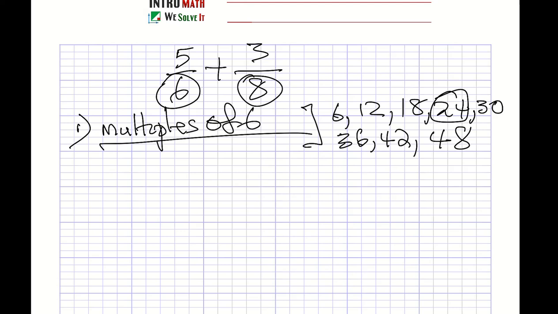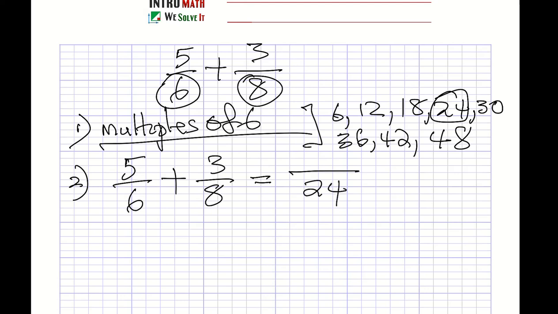So basically, step 2 is to say 5 over 6 plus 3 over 8 is the same. You're going to have 24 plus 24. You're looking for something here, and you're looking for something here. How do you find those things up there?